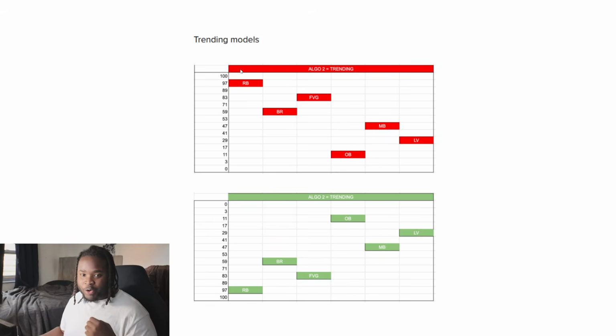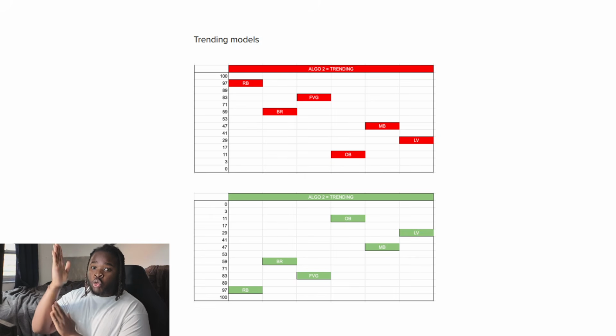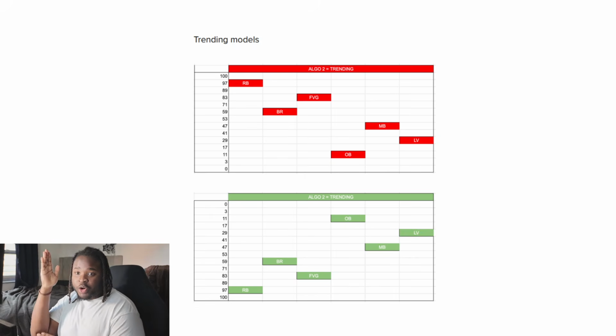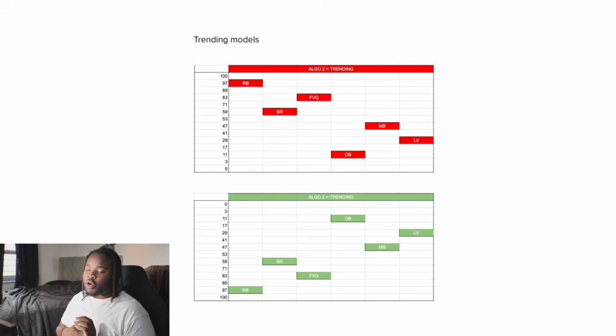This is very important into understanding your algos and your dealing ranges and why price won't reach all the way up into 100% of the range, or why price won't reach all the way to below 0% of the range, right? It's rejecting 100% of the range and is rejecting 3% of the range.